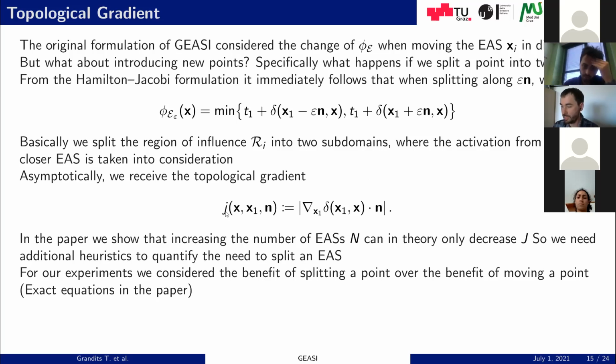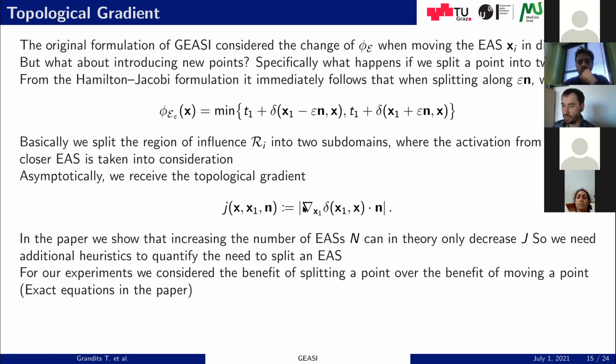And from this, you can also derive the topological gradient. More details on this are given in the paper, but you can see it's very similar to our previous definition, but now you have the absolute value. So it's not smoothly differentiable, only weakly differentiable. But still it becomes an interesting question: when should we actually split?